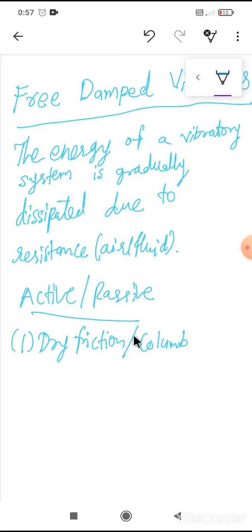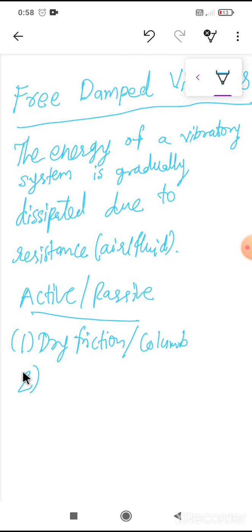In this, the resistance is direct metal to metal contact. It will dissipate the energy, and various forces will act on it. So this is dry frictional Coulomb damping.